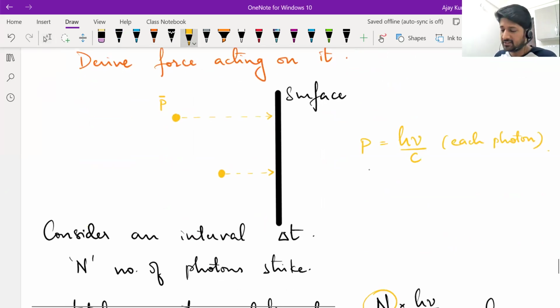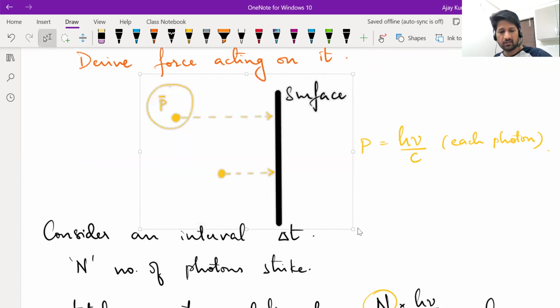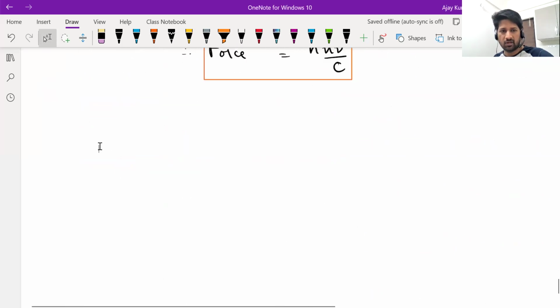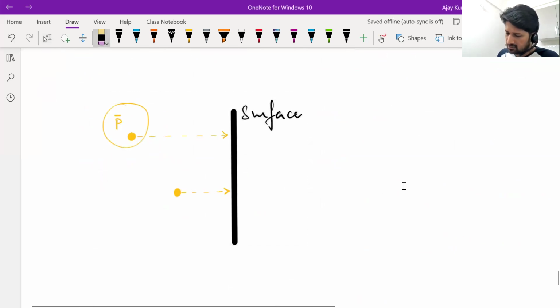Now, if it's a perfect absorber, the momentum of the photon will be lost and that will be transferred to the surface. But if it's a perfect reflector, the momentum of the photon is not simply lost, it gets reversed. So consider one photon going with a momentum p towards the surface.